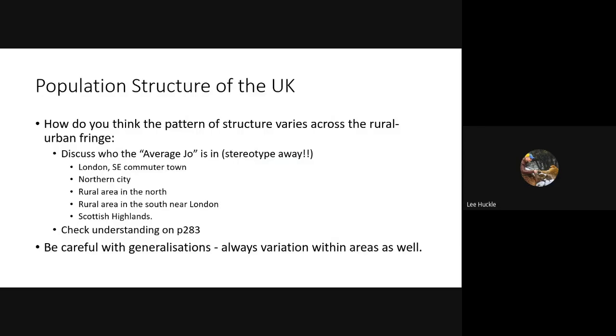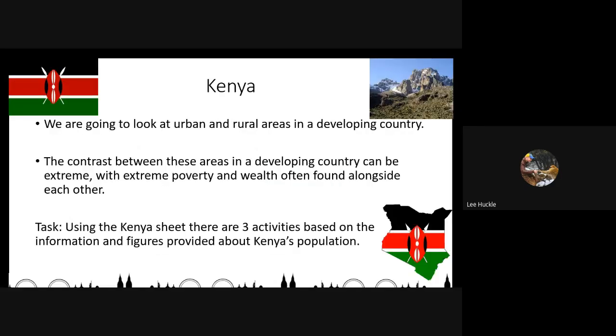Looking at a northern city of the UK, looking at a rural area in the north, a rural area in the south near London, and then the Scottish Highlands. Because the average person living in these different areas of the United Kingdom are very different in terms of their ethnic makeup, their age, their job status, and so on. And you do have to be careful with generalizations because there are variations between people in different areas for different reasons.